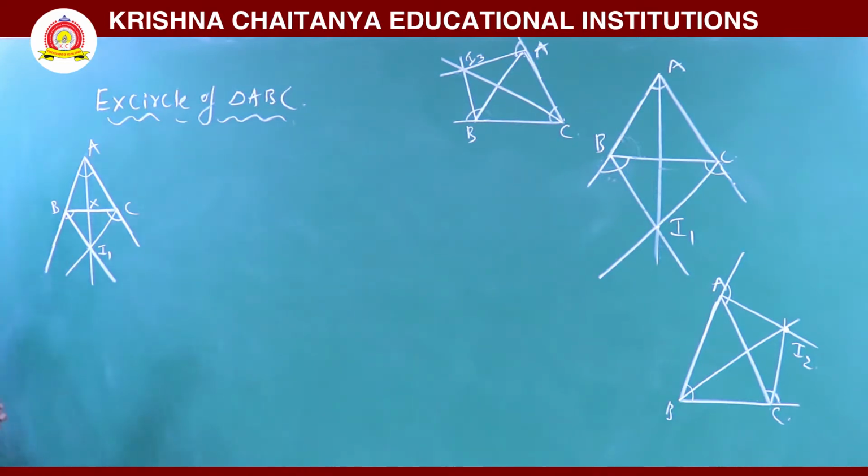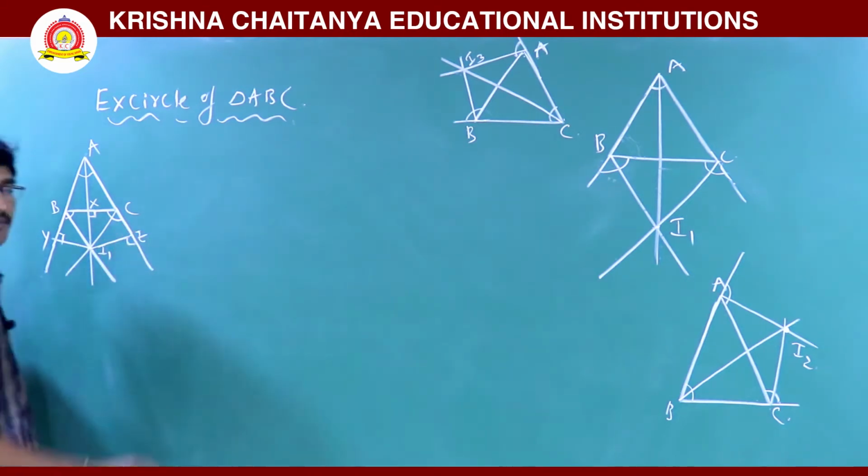Now we draw a perpendicular from I1 to this side; suppose this foot is Y. Suppose you draw one more perpendicular line from I1 to this side; let it be Z.